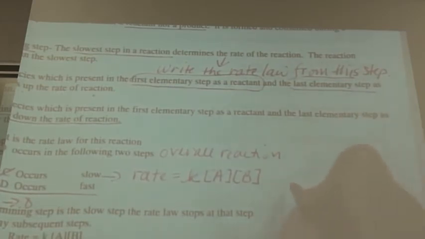Now, this is what I'd like you to write on your paper. Here's a procedure for dealing with rate mechanisms. The first thing you need to do is determine the rate determining step. Find it. Second thing I want you to do is write the rate law from the rate determining step.